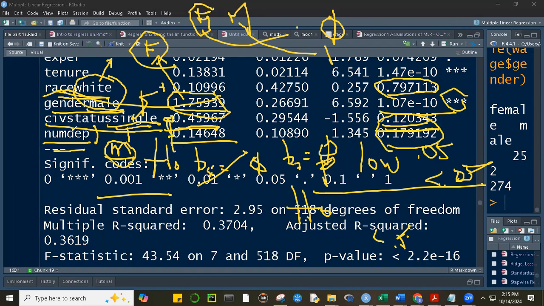Okay? So iba class ang pag-interpret ng factor, ng categorical variable at saka ng quantitative. Okay? Ito yung marginal effect. Ito naman, this is in relation to your benchmark. Okay, so ganun, i-compare nyo sa benchmark.